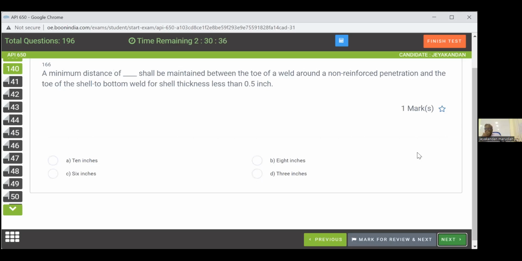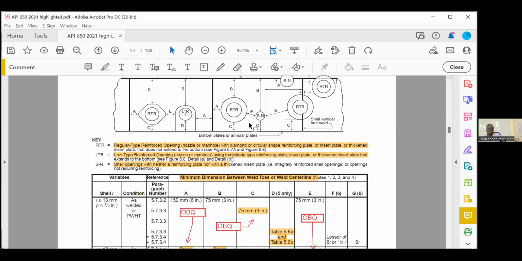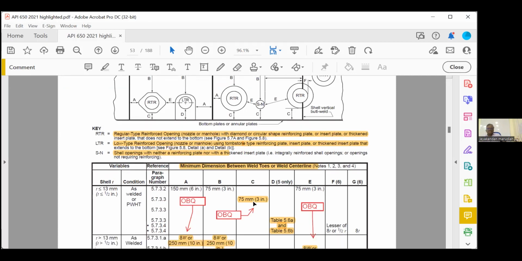Read this. A minimum distance shall be maintained between the toe of the weld around the non-reinforced penetration and the shell-to-bottom weld of less than 0.5 inch. Where is the non-reinforced penetration? This is the non-reinforced penetration. Shell to bottom, what is the distance? C. Less than half an inch, what is the C dimension? 3 inch. Is it clear?